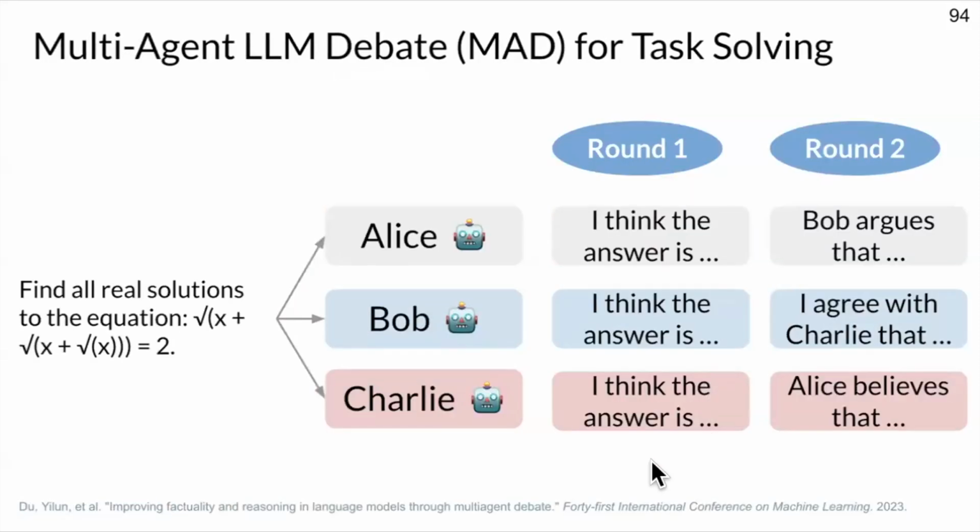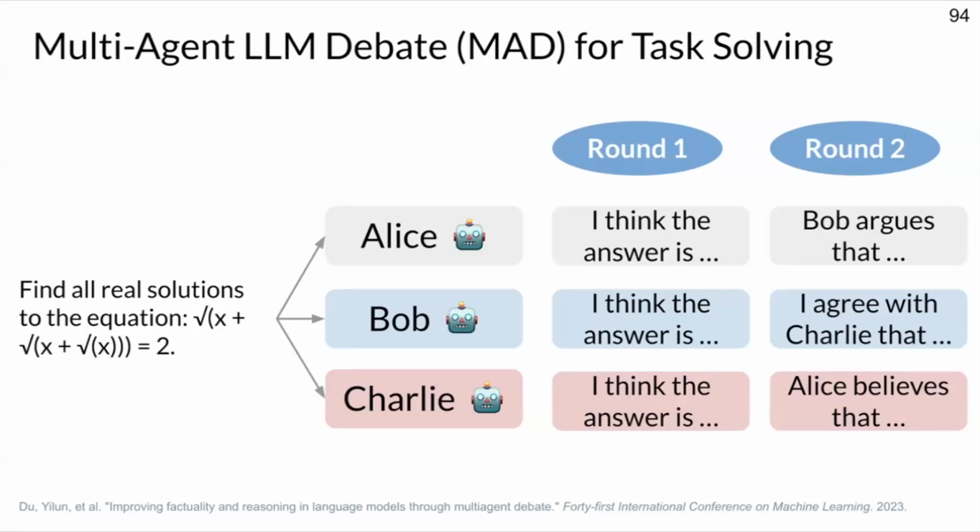One example is if we receive a mathematics question, like find all the real solutions to the equation, then different chatbots may be initiated as Alice, Bob, and Charlie. They might enter a multi-agent debate, MAD, for task solving. In round one, they might propose their independent opinions: I think the answer is something.